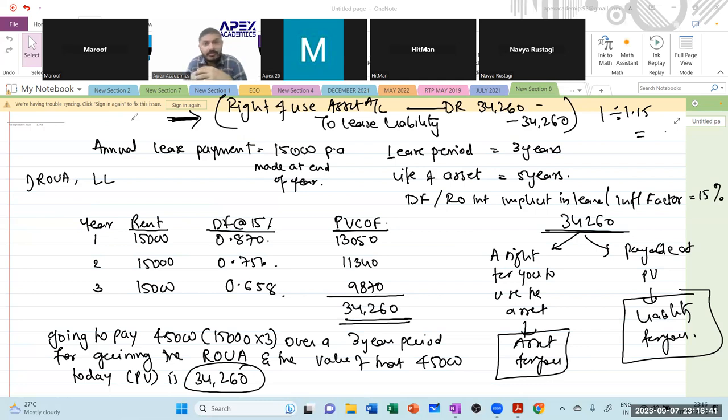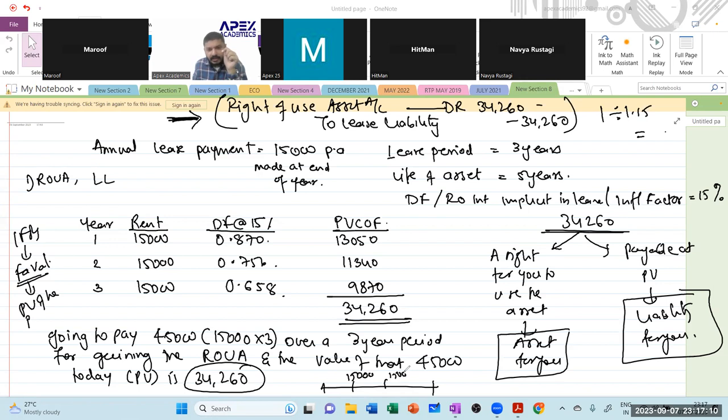Yeah, Maru. So why will we make the entry for 34,260? Because in the starting of the lecture, I explained that IFRS does its accounting all at fair value. And at fair value, you have to take into consideration the present value of the payments. You are making 15,000 every year.